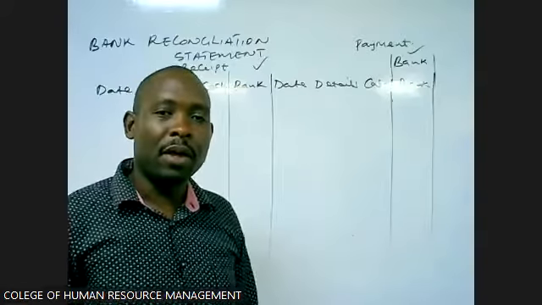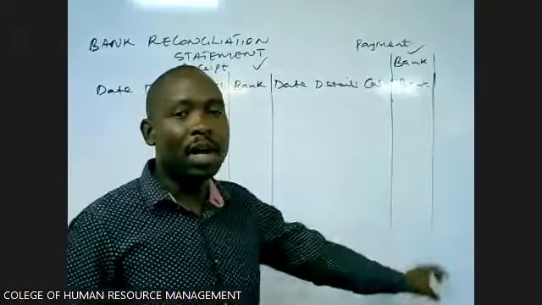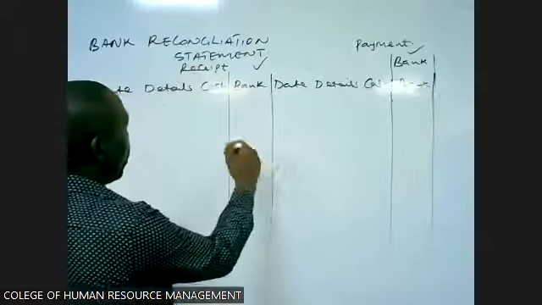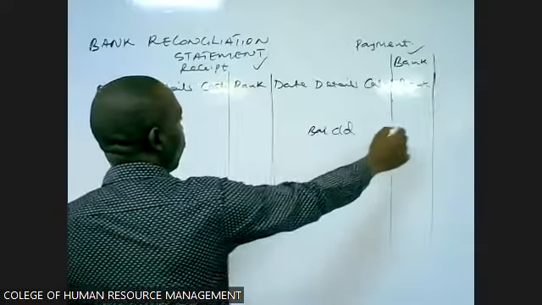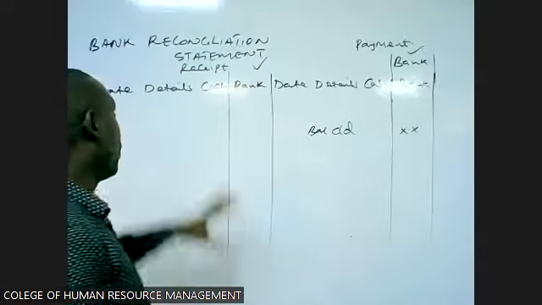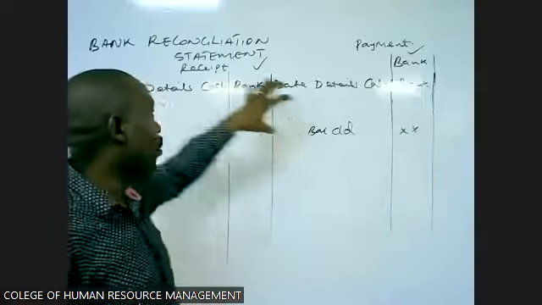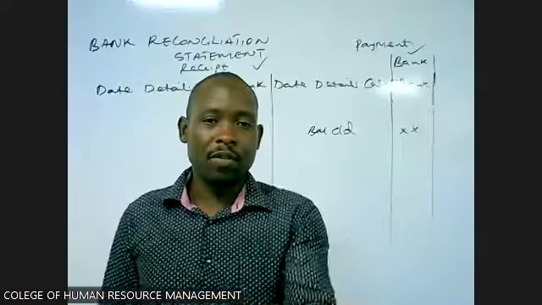At the end of the month, we normally balance our cash book, and therefore we shall record somewhere the balance carried down, which is normally the difference between the receipts and the payment. The total amount received minus the total amount paid here gives you the bank balance.